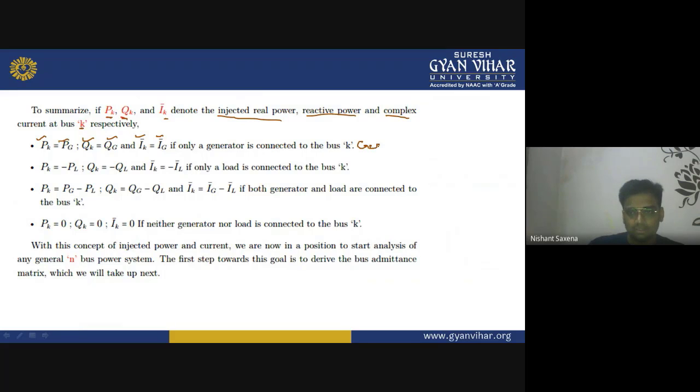That is case one. Now, if the power PK is negative, and QK is also negative, and the current is also negative, that means the load is connected at the bus K. That is your case 2.